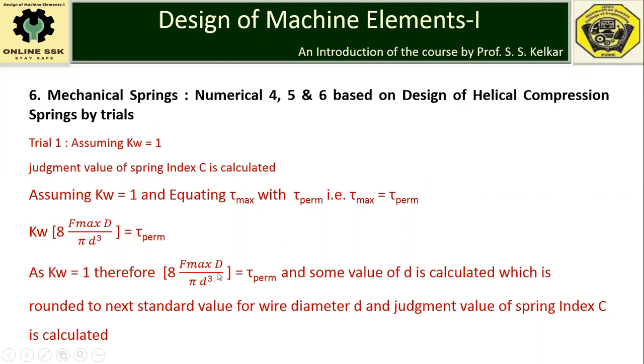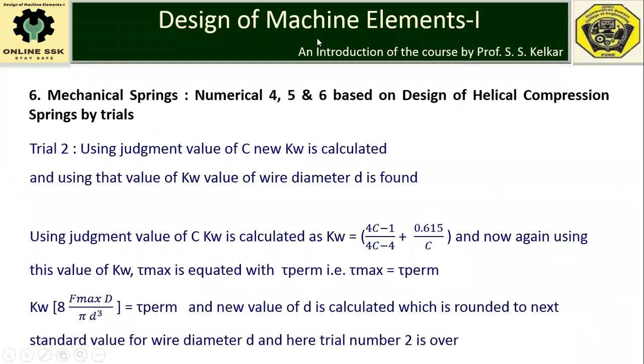This wire diameter d and capital D, that is the coil diameter. Coil diameter divided by wire diameter will indicate spring index C, which is called the judgment value of spring index C. Using that judgment value of spring index C in the formula of Kw, in this formula, this C is the judgment value of C. Using that, we shall be calculating the judgment value of Kw.